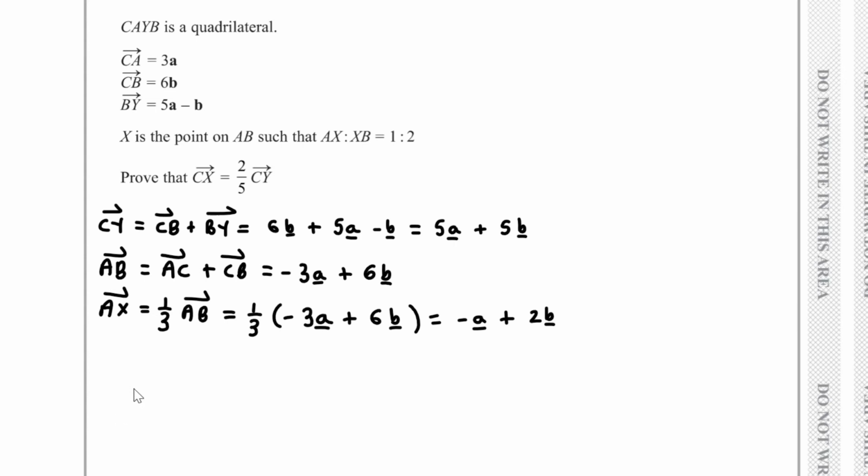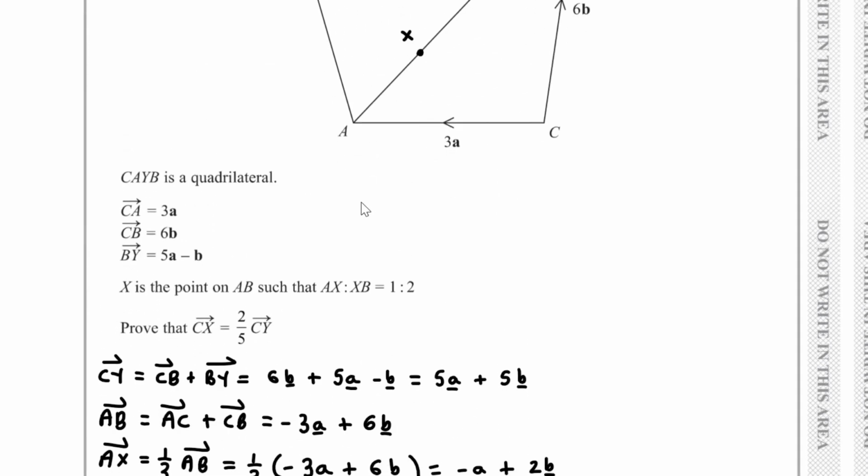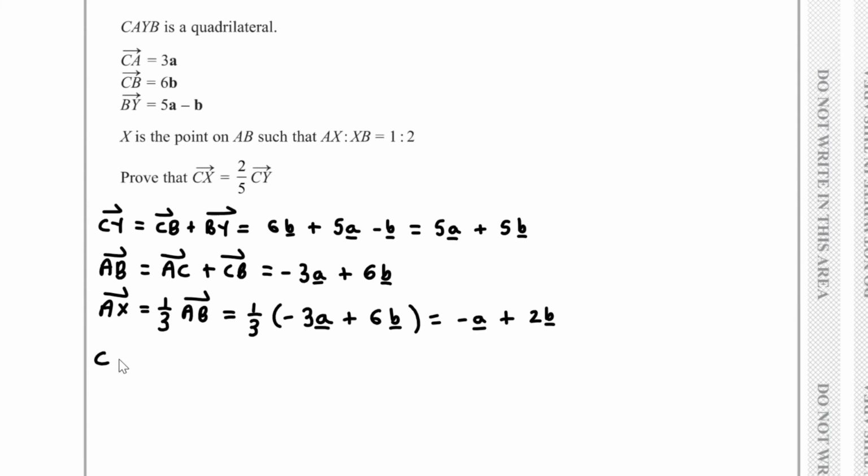So now we can find out what CX is, starting at C, finishing at X. CX is equal to CA plus AX. So we have CA, which is 3a, and AX is minus a plus 2b, which gives 2a plus 2b.